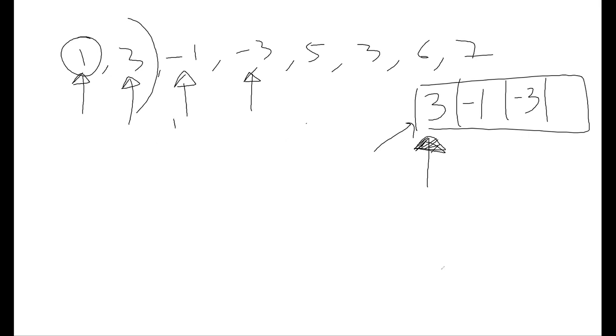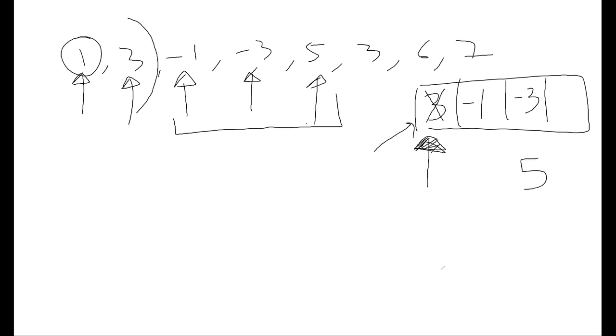Now I go to -1 to 5. I'm removing 3, right? Because I'm out of the window. And I look at the top, yes, this is the element which is getting removed. So I'll remove this element from the auxiliary data structure. And the new element getting added is 5.